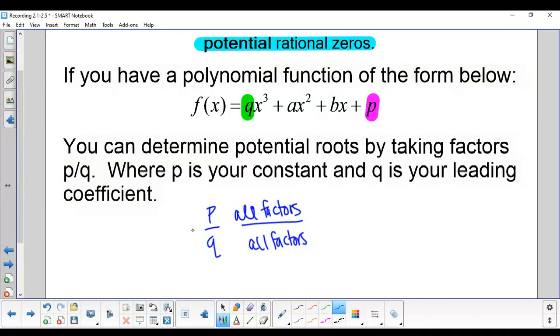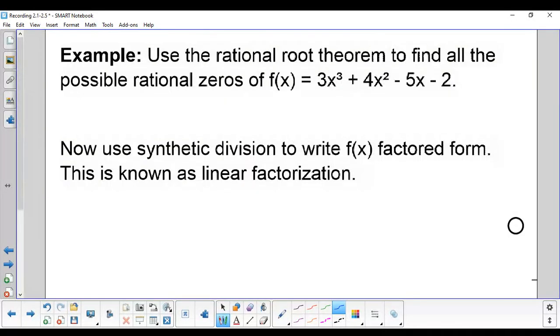And then we also would have positive or negative in front of it because, depending on the combination, it could be a positive or a negative. So for some polynomials, we end up having like 16, 18 different possible rational zeros you could have. But then others, we're only going to have 4. So it kind of depends on the situation. So let's take a look and apply this in a real problem.